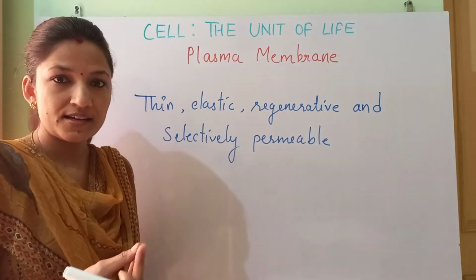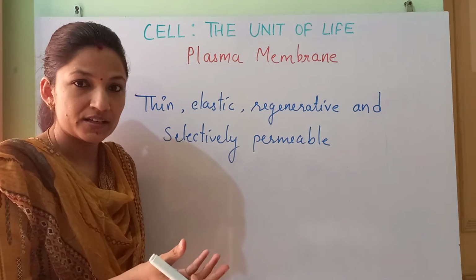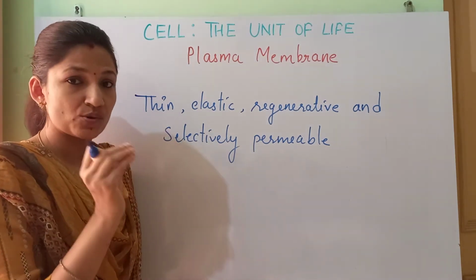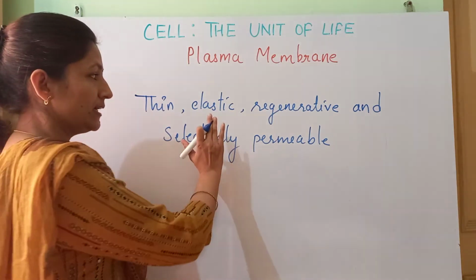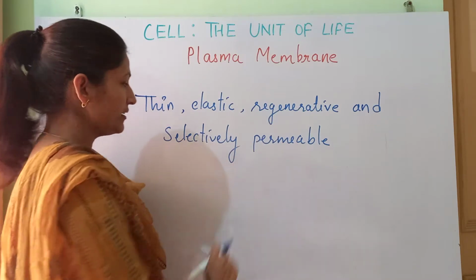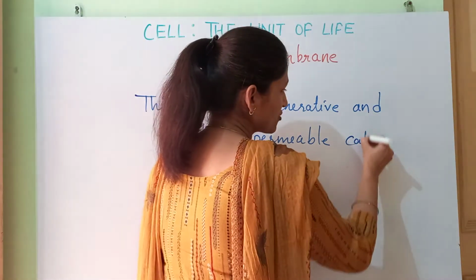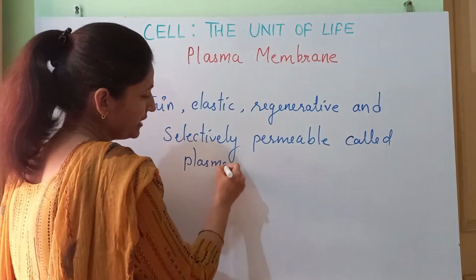Every cell is externally covered by a membrane which is thin, microscopic in nature, electron microscopic, elastic, regenerative and selectively permeable. That is called a plasma membrane.